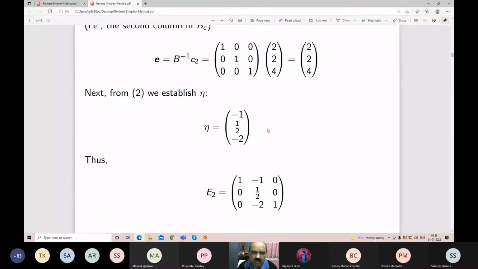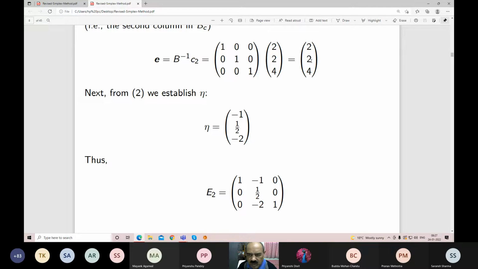So we have got C2, whose elements are 2, 2, 4. We can say the elements are E1, E2, E3. With respect to these, we can define eta in this manner. For the middle element it will be 1 by E2, the first element will be minus E1 by E2, and the third element minus E3 by E2.